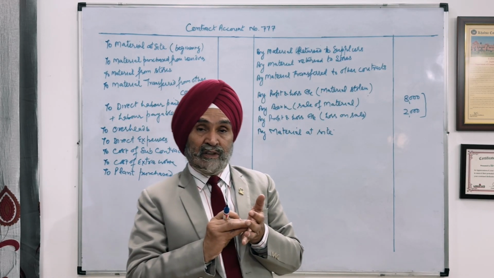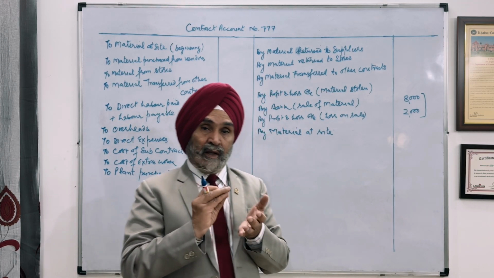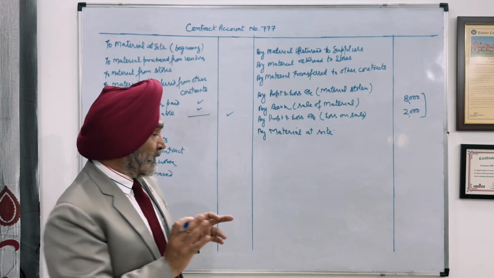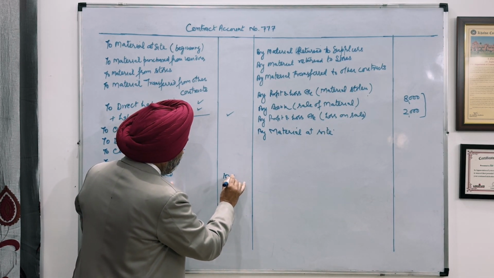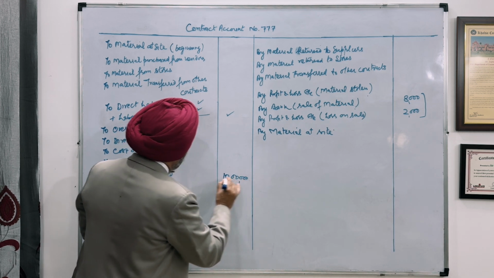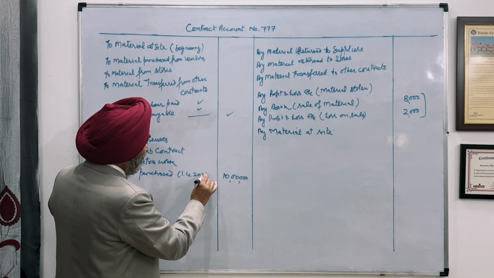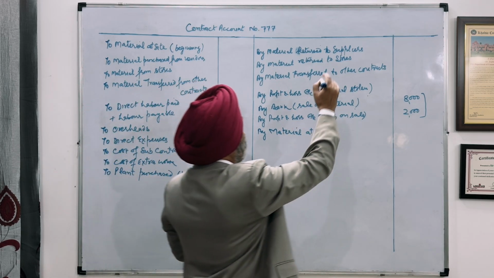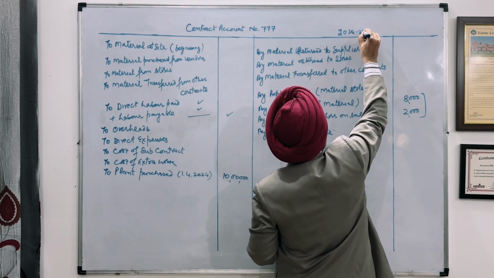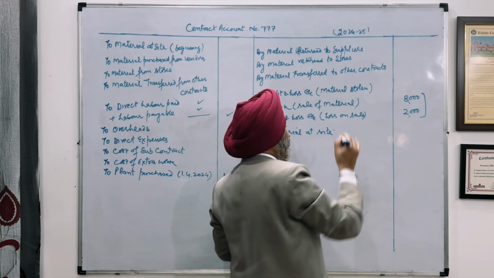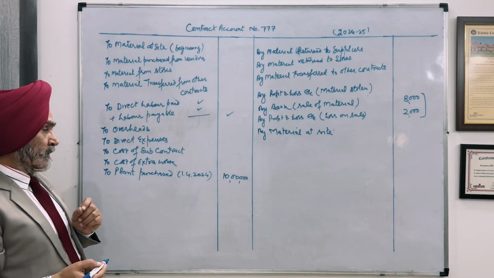So first we'll discuss specific plant treatment, then general plant. Say a plant purchased for rupees 10 lakh, and its date is also given, and the date is very relevant. Suppose we are preparing it for 24-25, and we purchase the plant in the very beginning of the year.